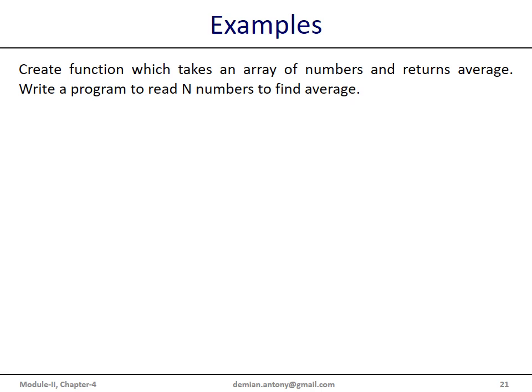Go on, append the read elements onto the list, and once you have read all the n elements, pass that array to a function wherein you can use a built-in function sum, and then you can divide that sum by the length of the array, which is nothing but the mean or the average, and which can be returned from the function, and you can print the average.